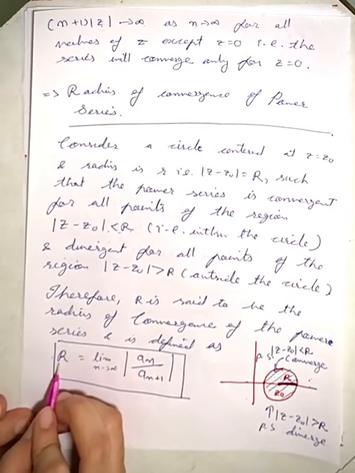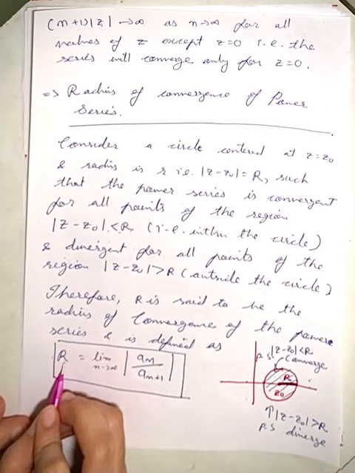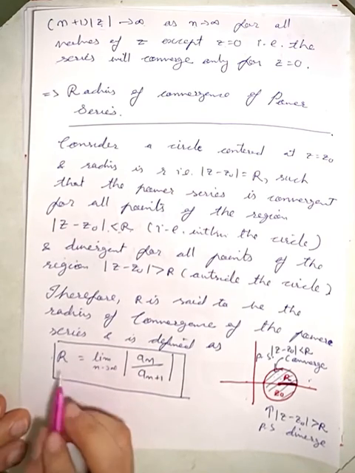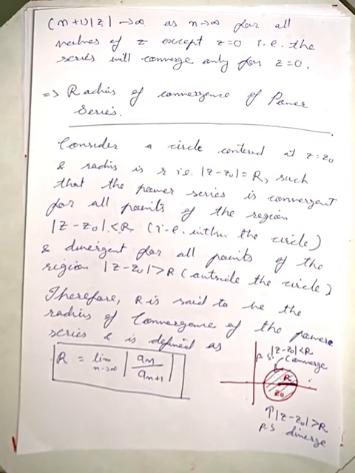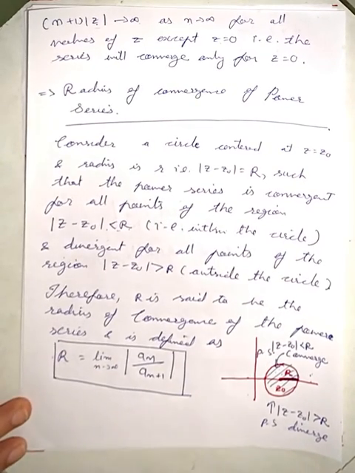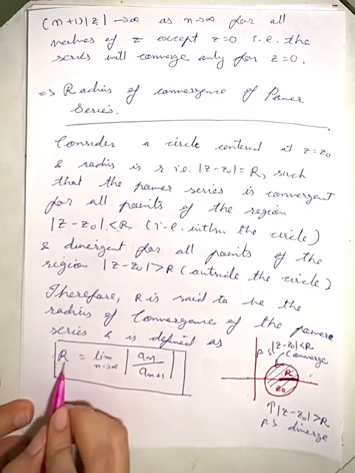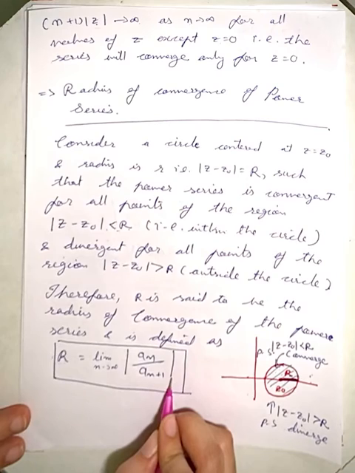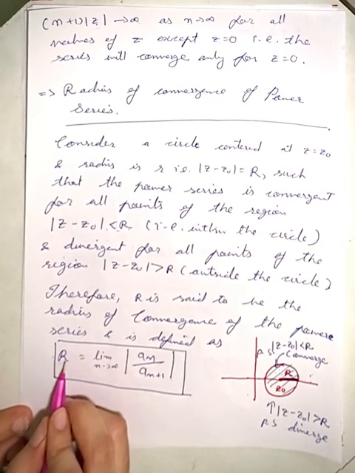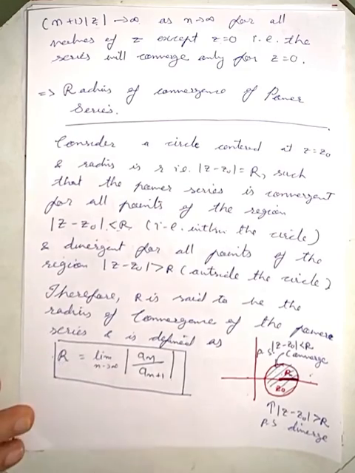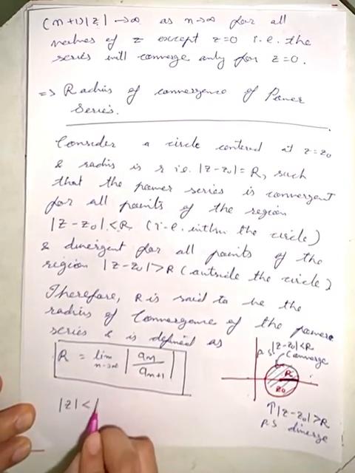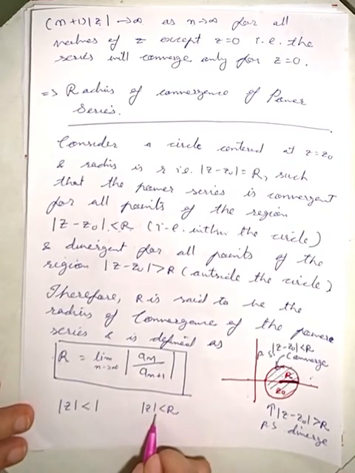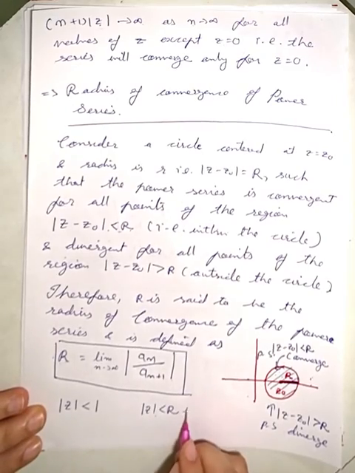So once you define the radius of convergence R, you now know that within R the power series will converge and outside R the power series will diverge. So when in the question you are asked to find the region of convergence, you first find the radius of convergence by using this formula. Suppose R equals 1 is the radius of convergence, then you will say that |z| less than 1, because |z| less than R is the region of convergence.